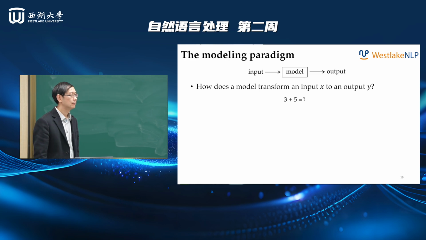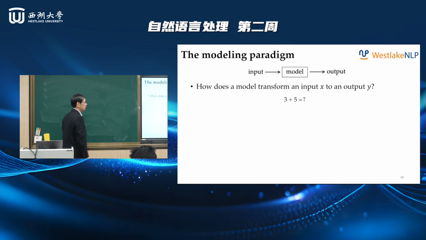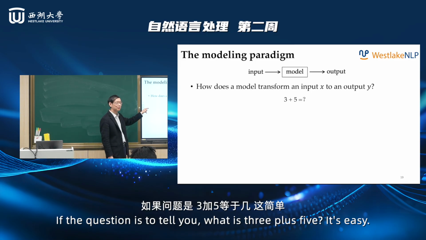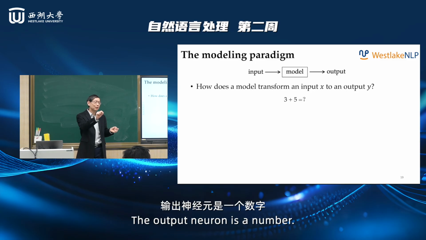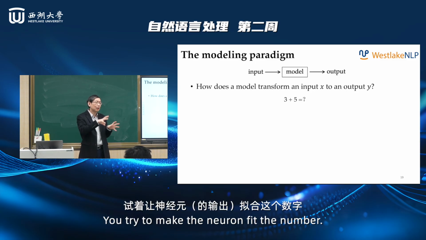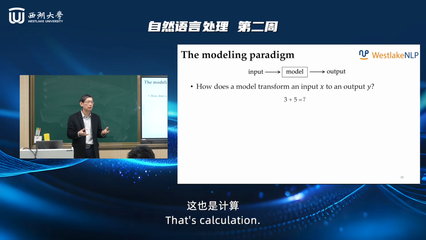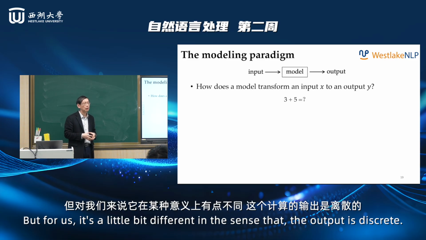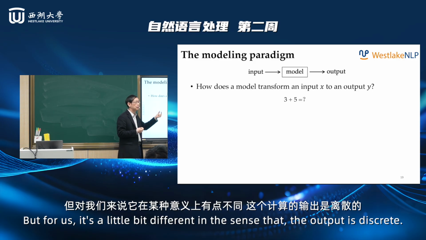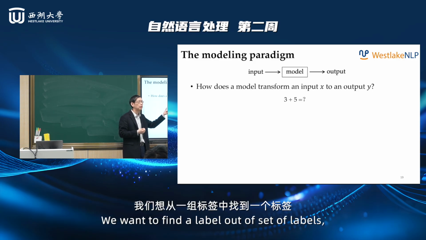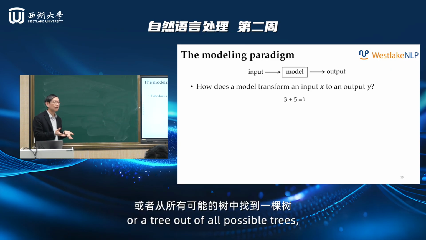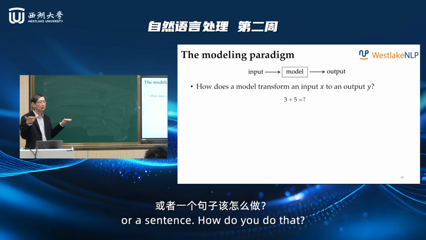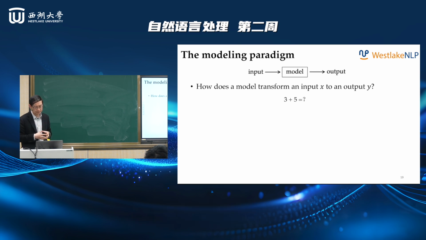If the question is, what is 3 plus 5, it's easy. You build a neural network, the output neuron is a number, and you try to make the neuron fit the number. That's calculation. But for us, it's a little different in the sense that the output is discrete. We want to find a label out of a set of labels, or a tree out of all possible trees, or a sentence. How do you do that?